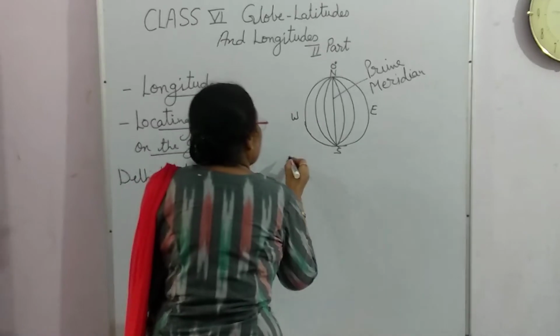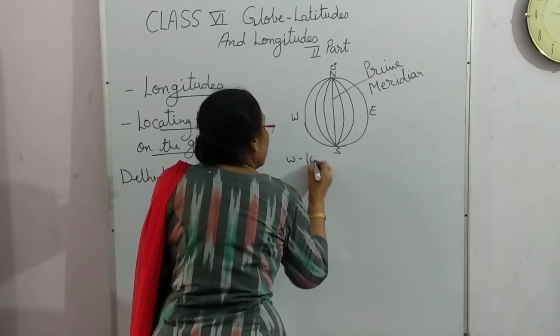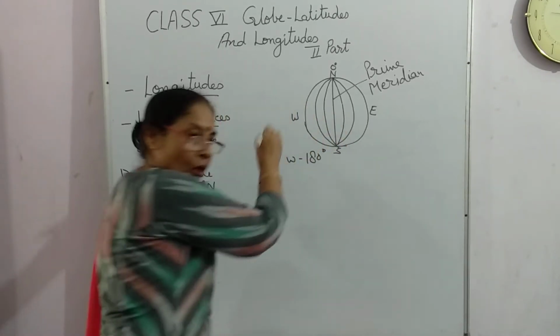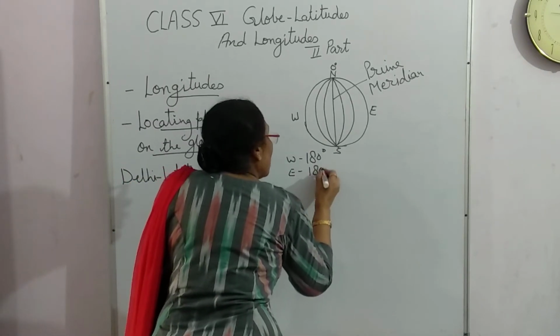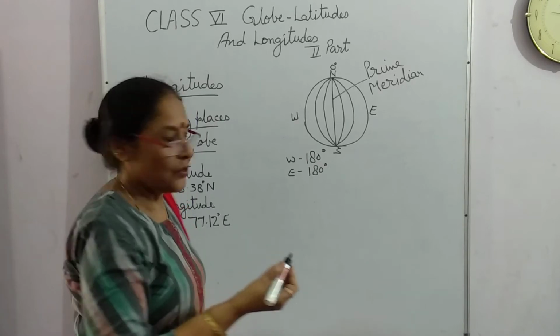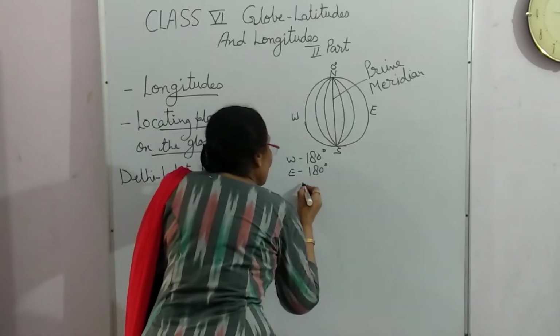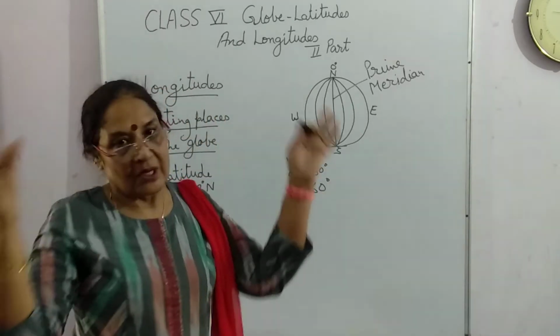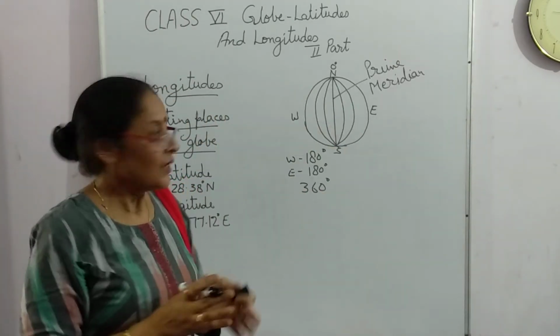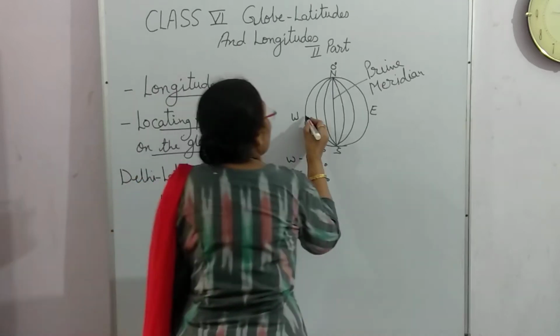The western hemisphere has 180 degrees longitude, and the eastern hemisphere again has 180 degrees longitude. So altogether we have 360 degrees of longitudes on the globe. Clear? And this is the equator.